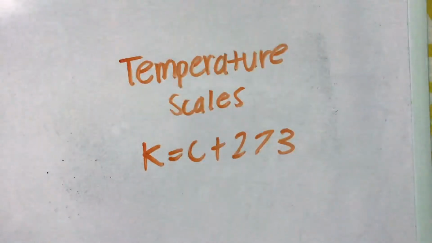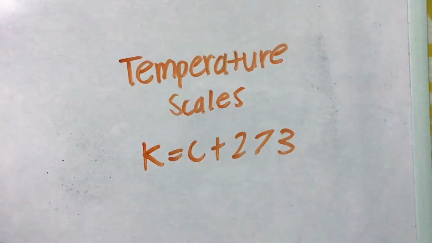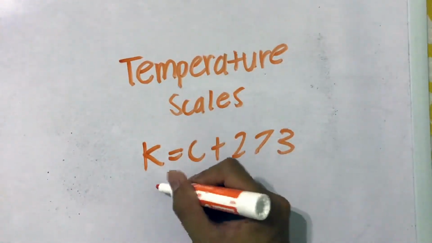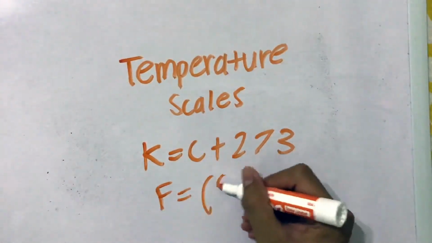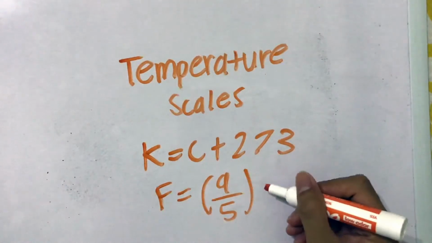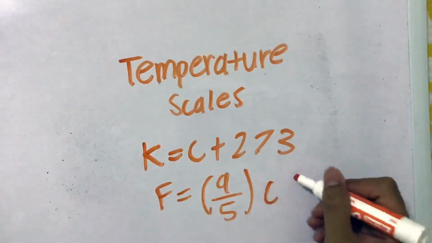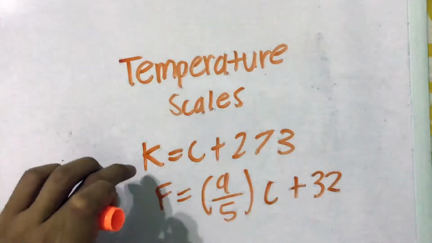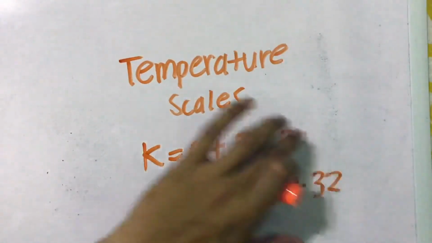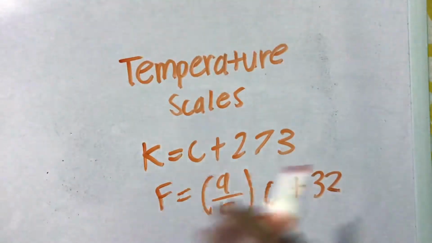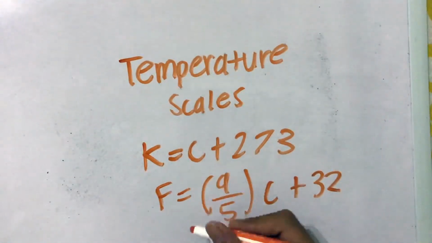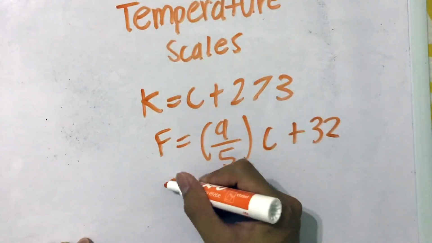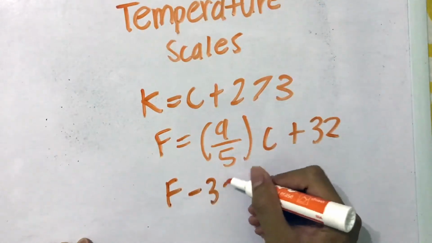The other equation that we need to know for Fahrenheit is F equals 9/5 times the Celsius plus 32. So in order to get Fahrenheit, you have to use this equation. And let's say we want to get Celsius, then we can just do F minus 32.